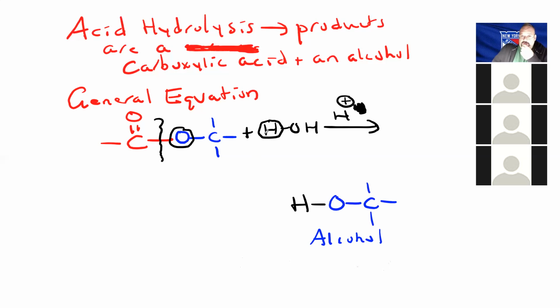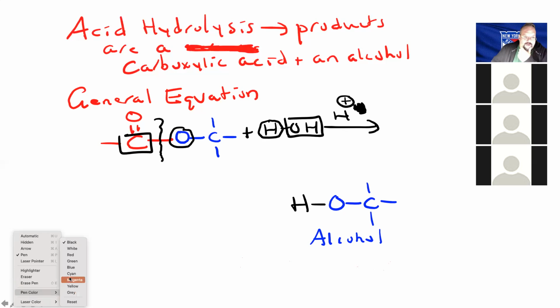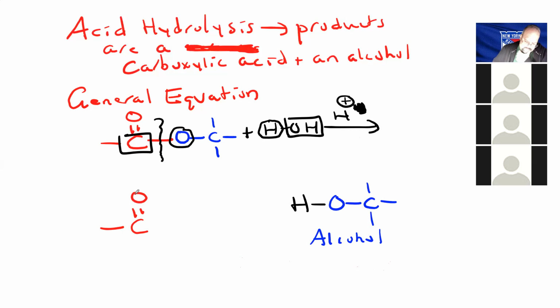So the alcohol oxygen ends up picking up a hydrogen from the water. Now, the C double bond O carbon ends up picking up the OH from water. So for that, everything stays the same up to the C double bond O, but now the C double bond O carbon is going to be connected to OH. And what type of substance is that? That, of course, is your carboxylic acid.